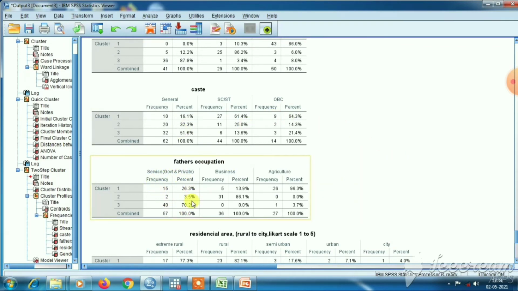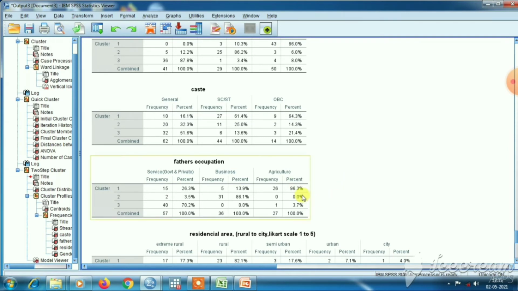Similarly, regarding father's occupation, in government service, 70% are in cluster 3. 70% of the respondents' fathers work in the government or private service sector. In cluster 2, 86% are in business, so the majority of those participants' fathers are businessmen. For agriculture, cluster 2 has 0%, but 96.3% belong to cluster 1.